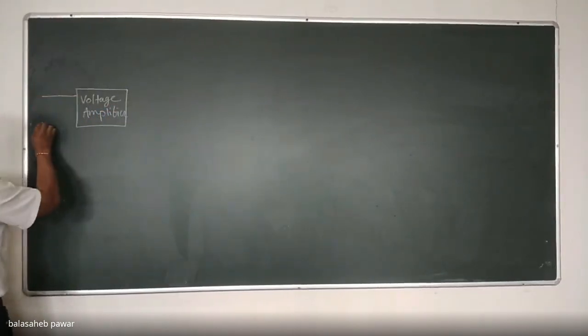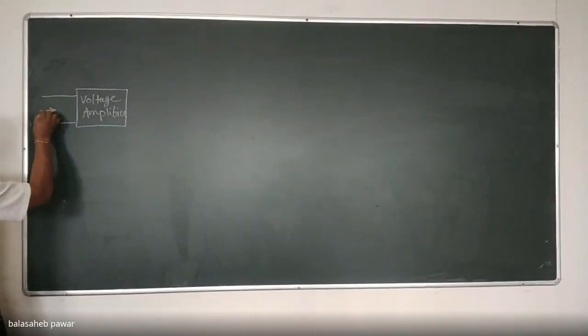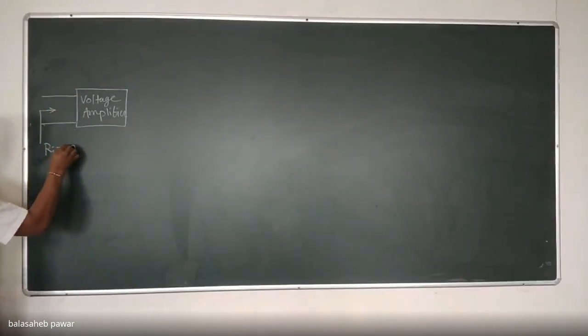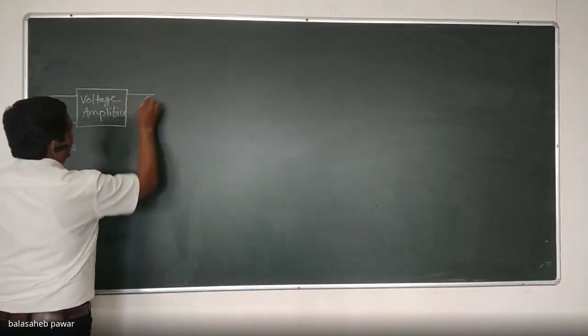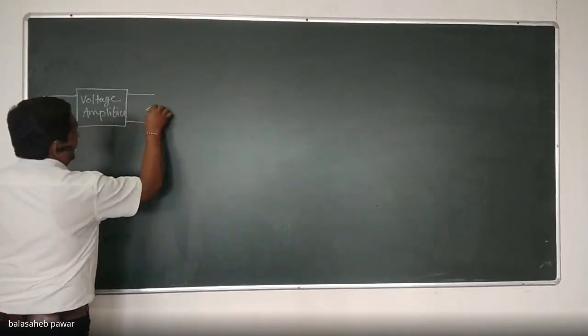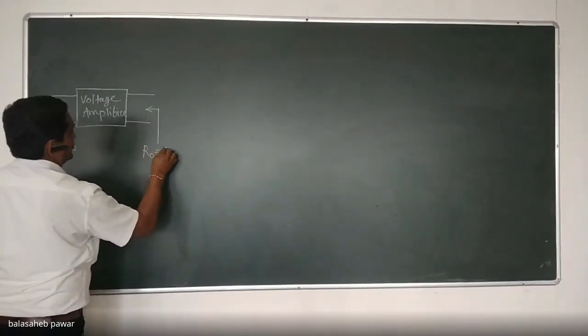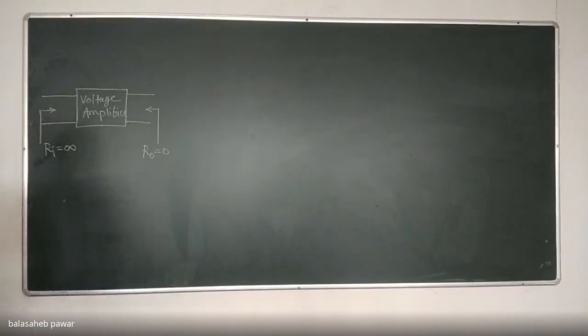See, if it is a voltage amplifier, you already noted that Ri is equal to infinite. I am showing the ideal amplifier. Ro is also equal to 0 for an ideal voltage amplifier.